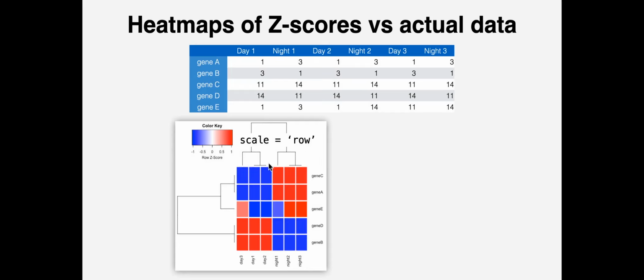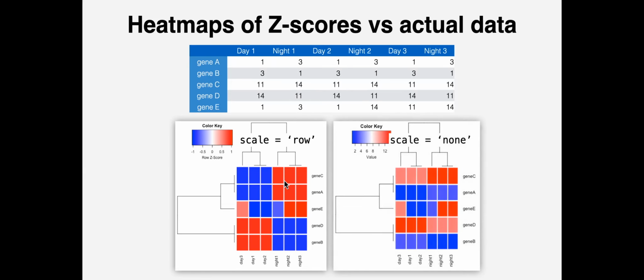Well, it turns out when we set scale equals rho, it actually takes the underlying data that was passed to heatmap.2 and it calculates a rho z-score, all right? So these are standard deviations from the mean, basically. And so in that case, we can see very clearly these patterns for each gene across our samples.